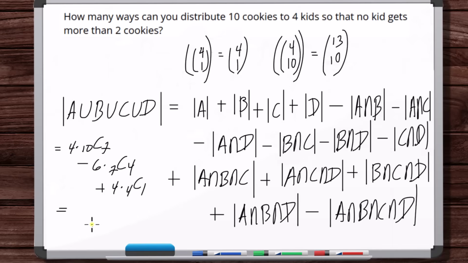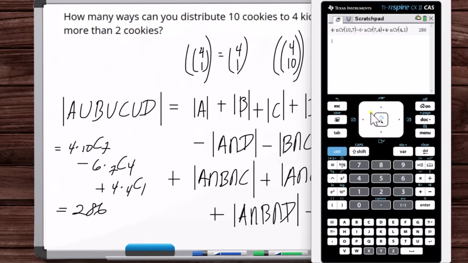Okay. So we want to subtract this out from 13 choose 10. So what is 13 choose 10?